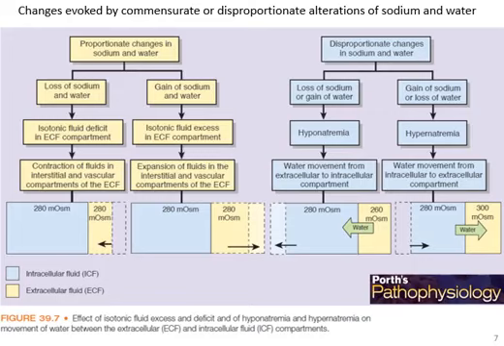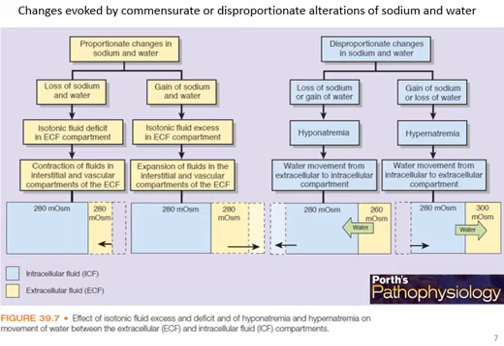In general, we classify sodium and water homeostatic abnormalities as commensurate changes or disproportionate changes.